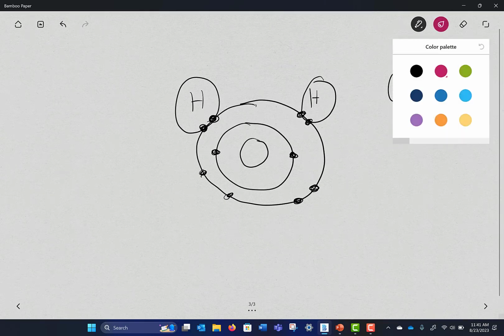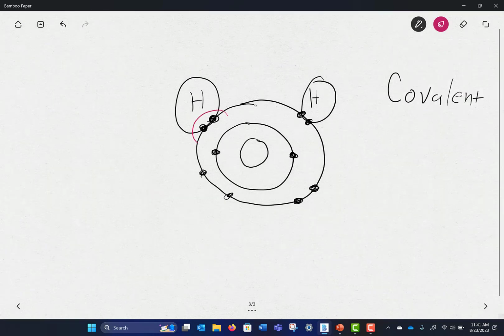When we look at these shared electrons, instead of equal sharing like with carbon and hydrogen, here oxygen pulls more on those electrons. And as a result, those electrons spend more time closer to the oxygen side and less time closer to the hydrogen side.